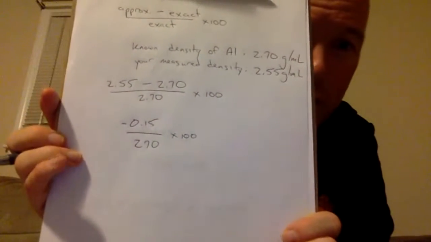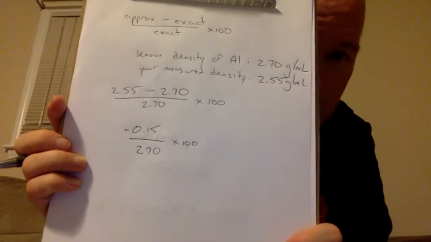So if I do this out, our next step is going to be negative 0.15 over 2.70 times 100. I swear there's a decimal point in there, although I did not put a decimal point. I'm surprised nobody caught me.